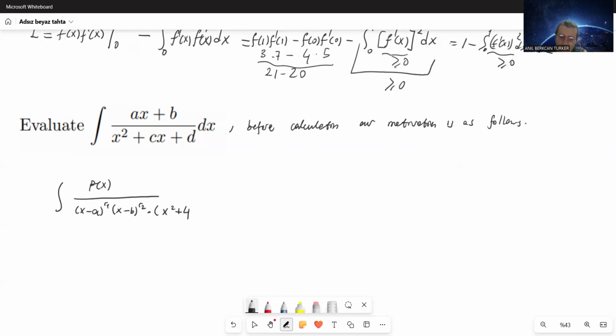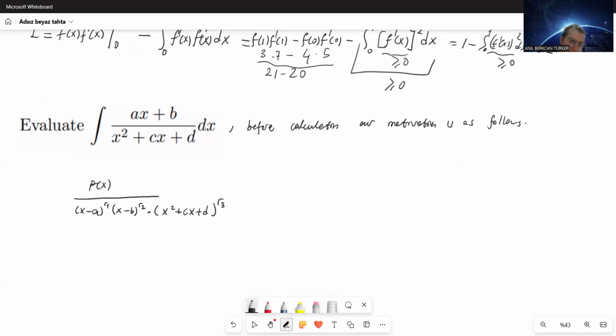No, let it be 4. Or x squared plus cx plus d, squared r3. Okay. So how do we express this in terms of partial fraction decomposition? That's my point. We don't care about syntax.